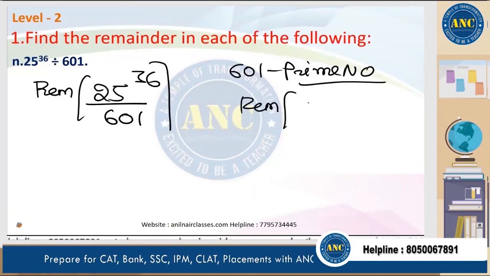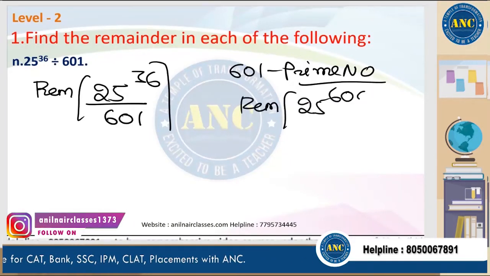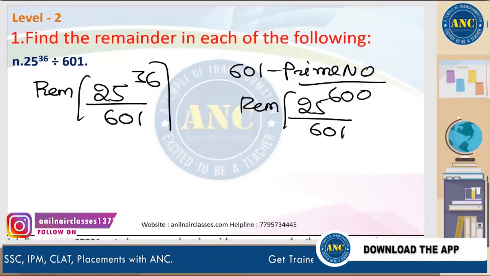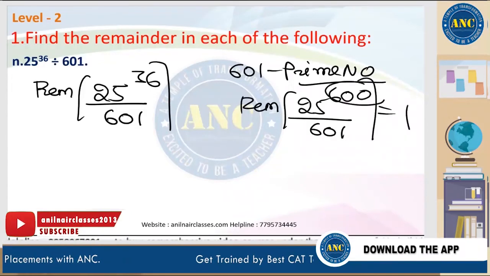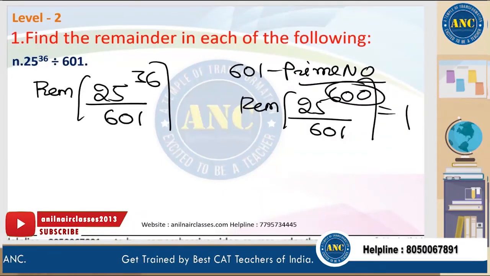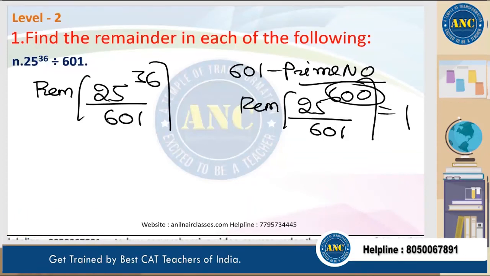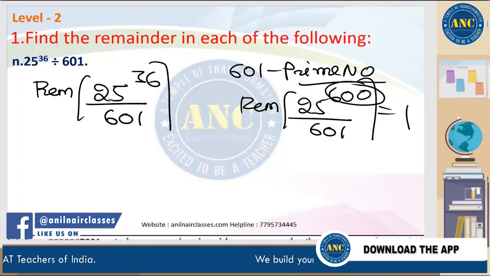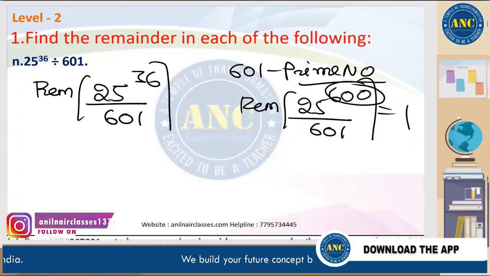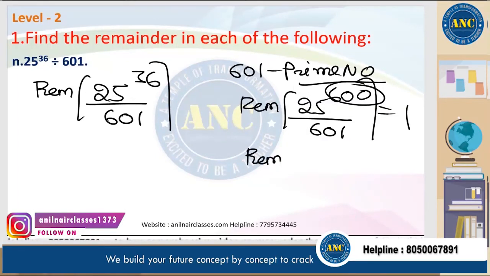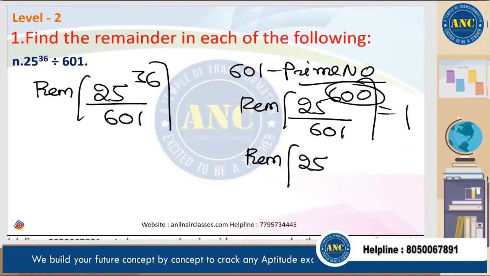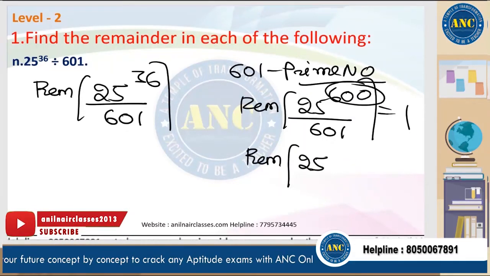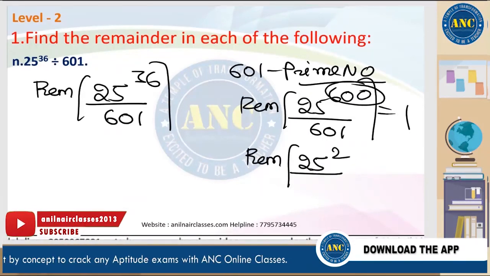So 25 power 600 divided by 601 is 1. This is what I said. If 25 power 600 divided by 601 is 1, the factor of 600, somewhere you will get plus 1 or minus 1. Let me take the factor 25 power 2. If I take 625, okay, let me take 2.